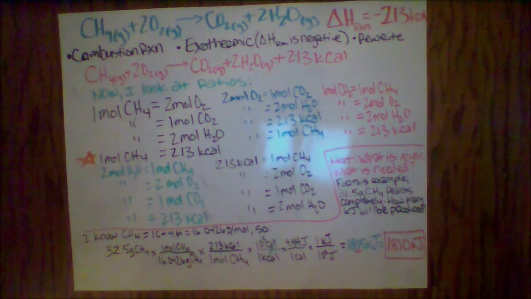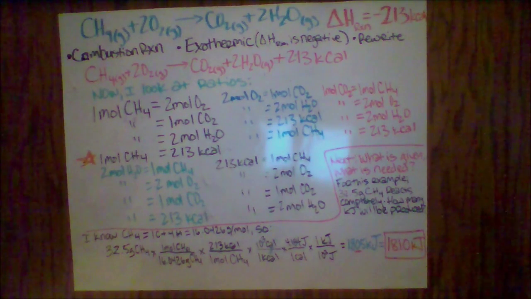So now in my head, I'll look at the ratios. I know that 1 mole of CH4 will give me 2 moles of O2, or 1 mole of CO2, 2 moles of H2O. I also know that 1 mole of CH4 will give me 213 kcal.